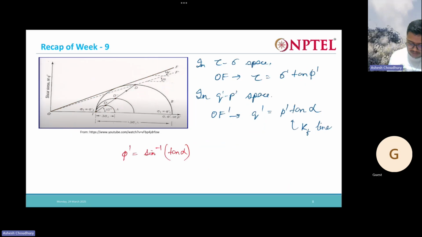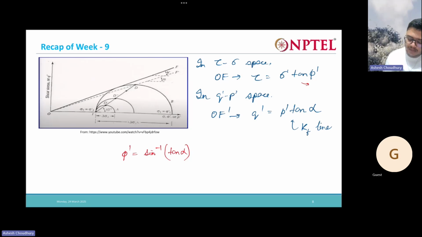Let us see here. In tau sigma space, OF is nothing but tau is equal to sigma prime tan phi dash, right? This is from the Mohr circle space. Now in the Q prime P prime space, that is the stress path space, OF dash is nothing but Q prime is equal to P prime tan alpha, the equation of our KF line.